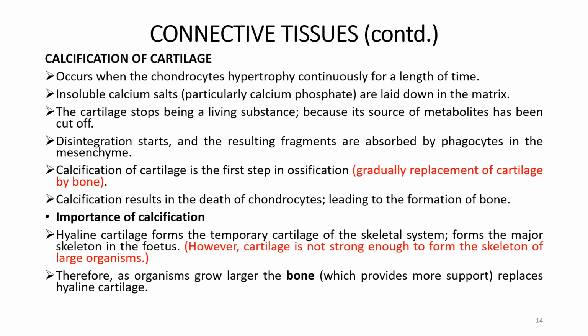This process is very important because it is the first step in ossification. Ossification is the gradual replacement of cartilage by bone. So, in a nutshell, calcification results in the death of chondrocytes, leading to bone formation. How important is calcification?